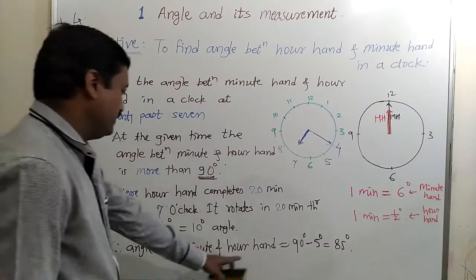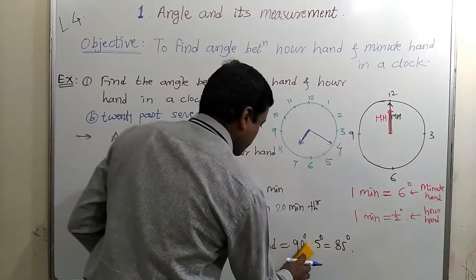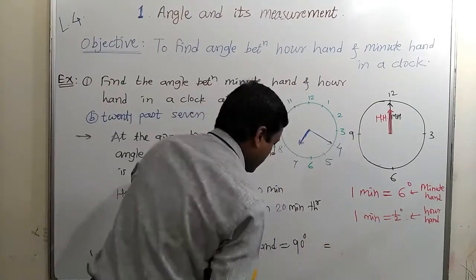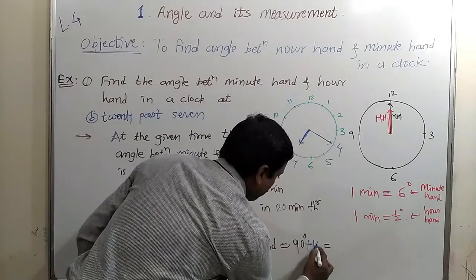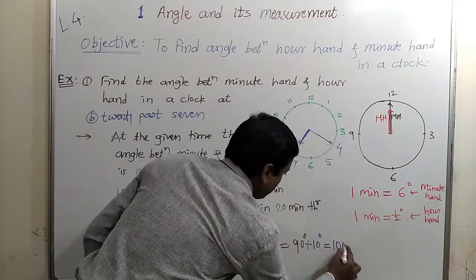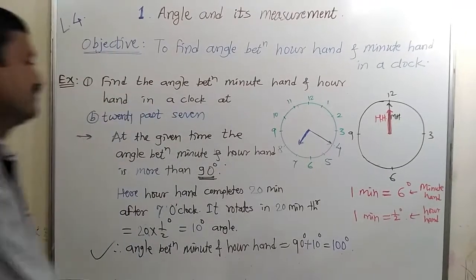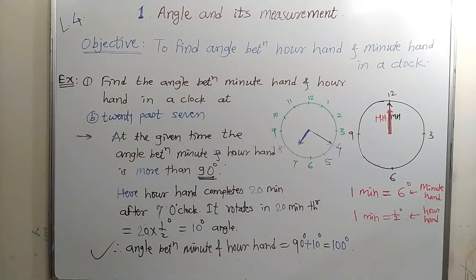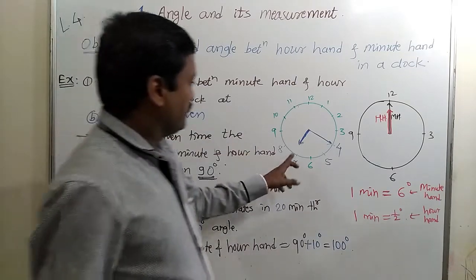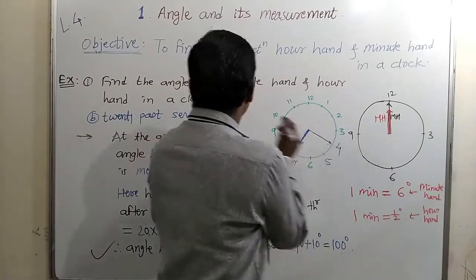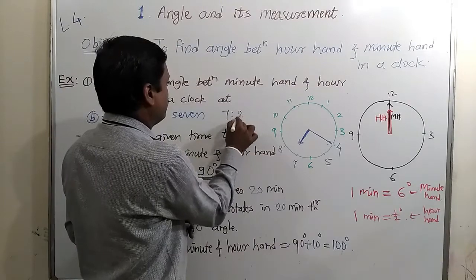Therefore the angle between minute and hour hand will be 90 plus 10 degree, that is equal to 100 degree. This much is enough here. Once again, see, 20 past 7 means the time will be 7:20.